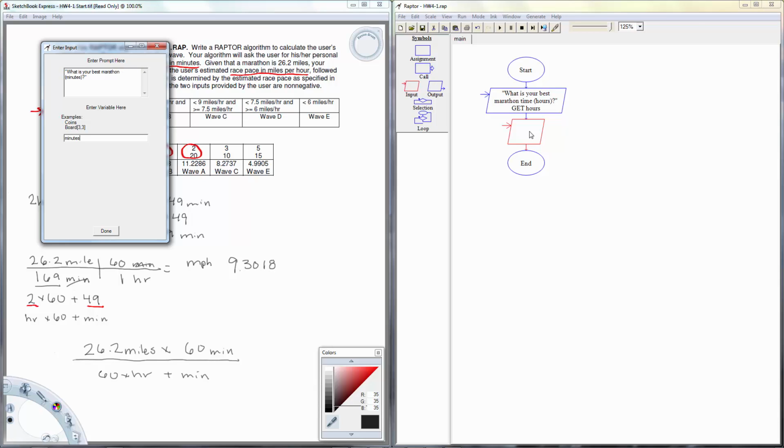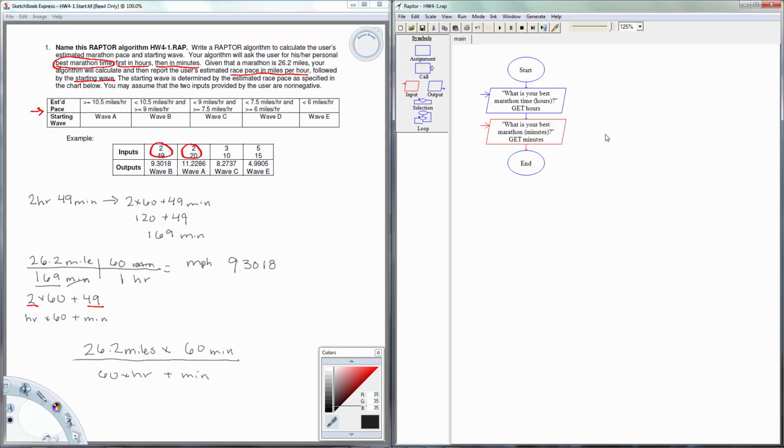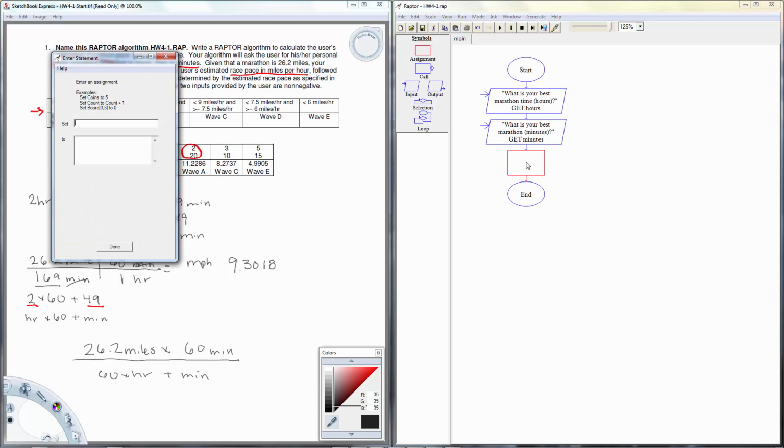We'll call that variable minutes. From here, we can calculate the miles per hour using the formula that we developed previously. So we'll set miles per hour to 26.2 times 60 divided by the quantity 60 times hours plus minutes.